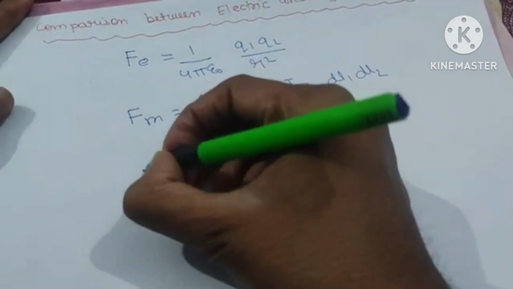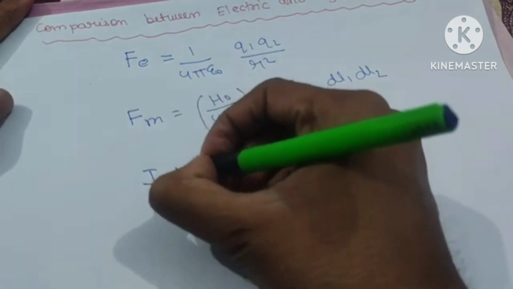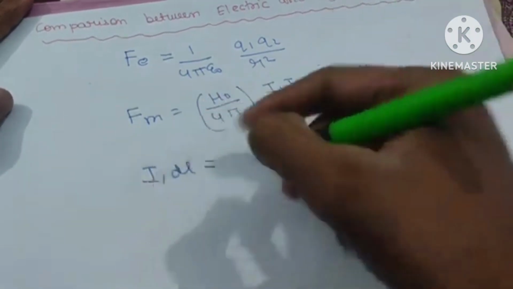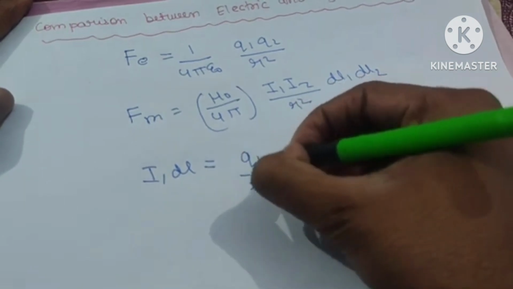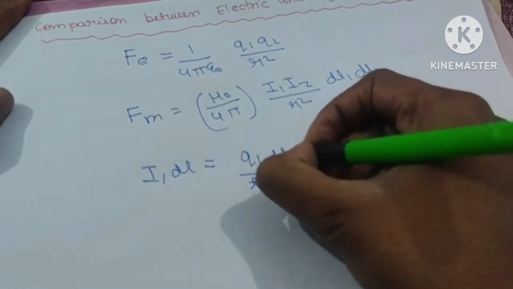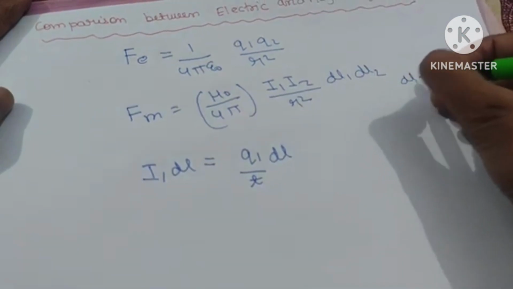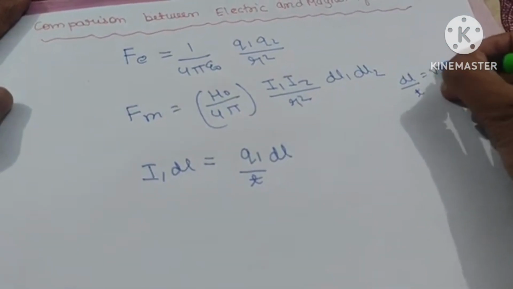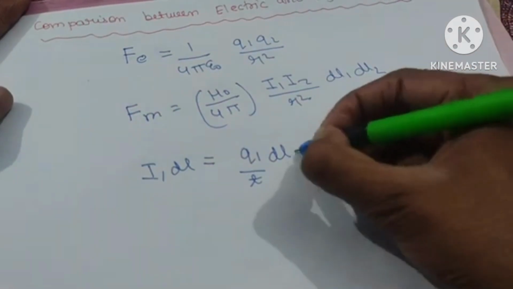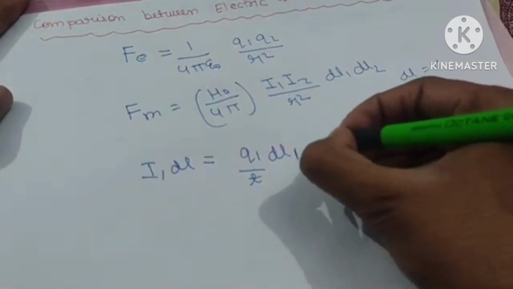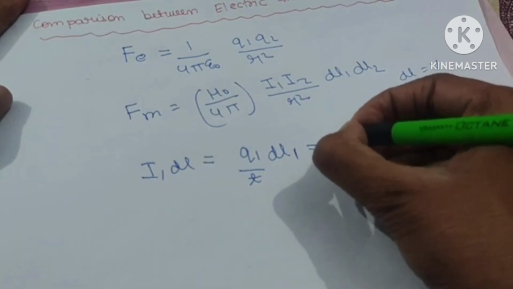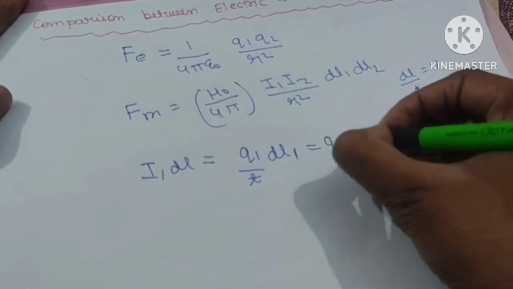But if we take dl, we know I is equal to q by t. So dl by dt will become the velocity. Considering dl1, it will become velocity v1, so it is q1 v1.